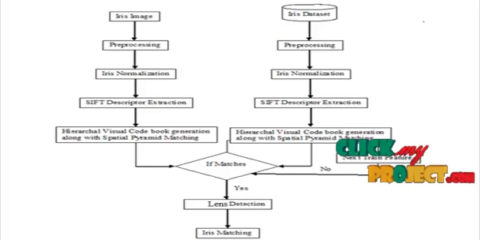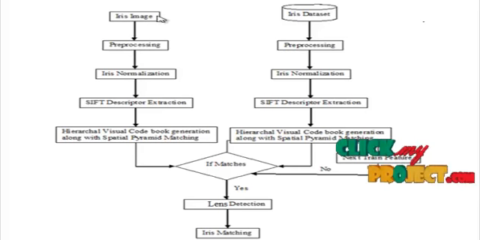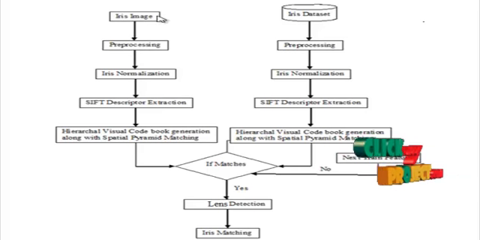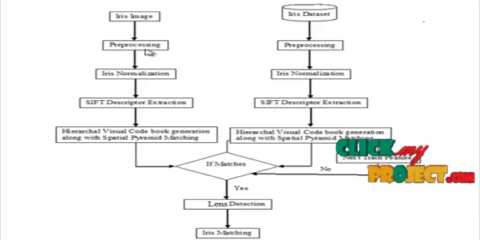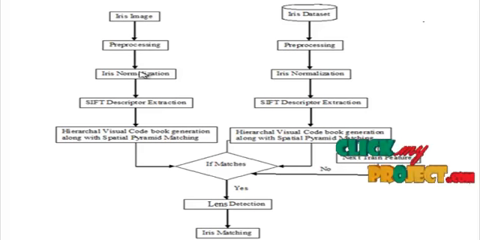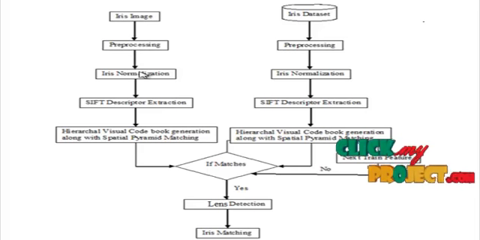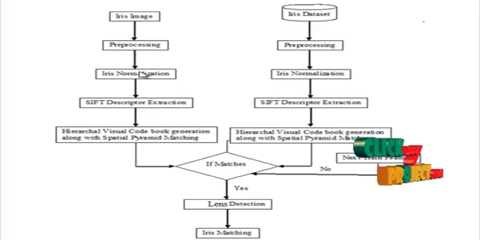Let me explain the flow of the process. The input iris images are obtained. The images are pre-processed, and normalization is applied to the input irises in order to convert the regions from Cartesian to polar coordinates.